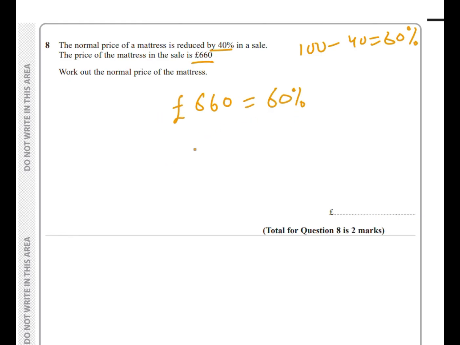Now, if we divide both sides by 6, we can get the price for 10%, right? Divide both sides by 6, you're going to get £110 for 10%. Now times both sides by 10, so you're going to get the total 100% amount, the original amount. So the original amount, the 100% amount, is basically £1,100.